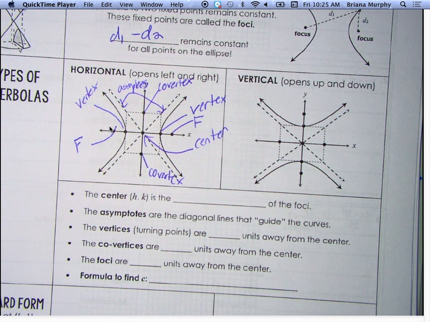Try to do the next ones. You can just leave letters like V for vertex, CV for co-vertex, C for center, F for focus, A for asymptote. You try to do them on your own, real quick.